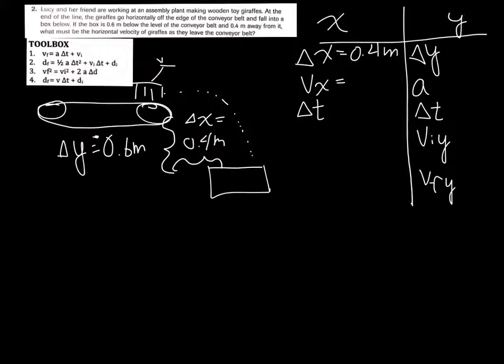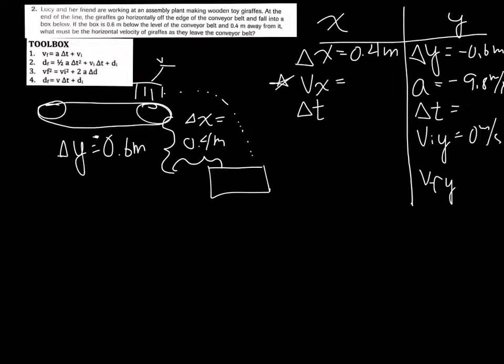My horizontal velocity is what I'm looking for. Change in time is not given. My change in y is given, that is negative 0.6 meters. Acceleration is negative 9.8, unless otherwise given to you. Time is not given. Initial velocity in the y direction, it's a type 1, so it's 0 meters per second.